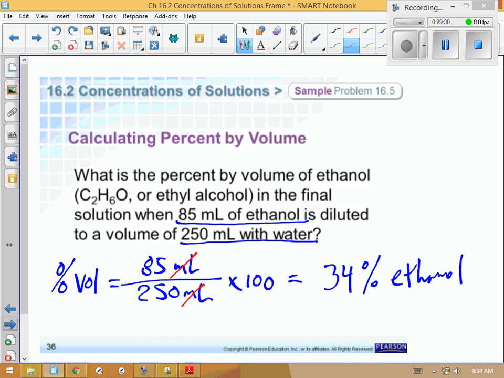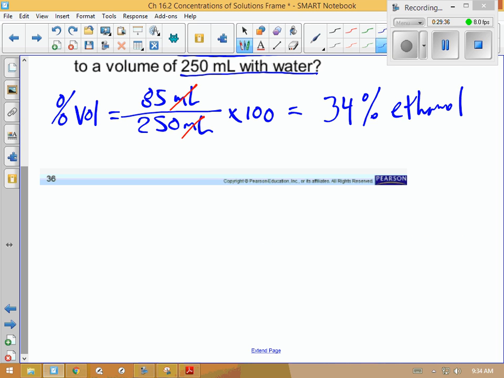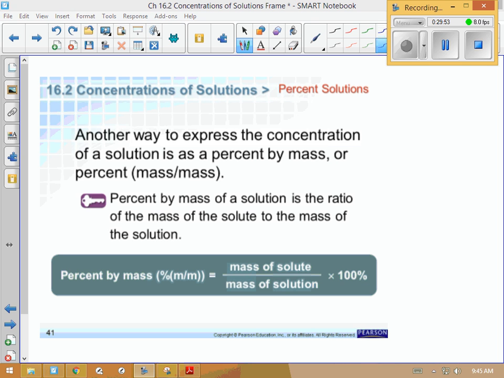You see that? And that was the practice problem, I believe. So you can now do numbers 16 and 17 on page 530.